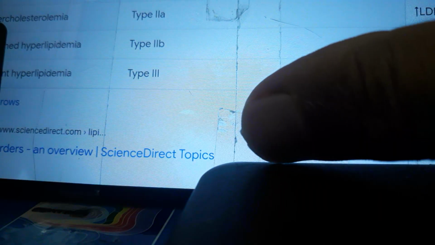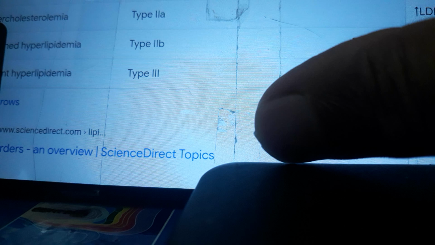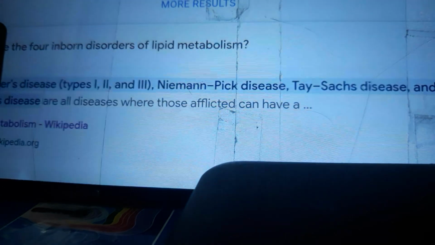And next will be hypercholesterolemia, type 2A, with an increase in LDL, a combined hyperlipidemia, type 2B, an increase in LDL with VLDL, and remnant hyperlipemia, type 3, where we have an increased LDL, also known as beta VLDL.